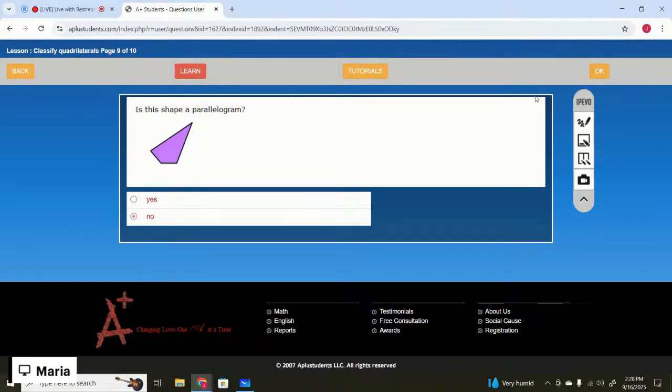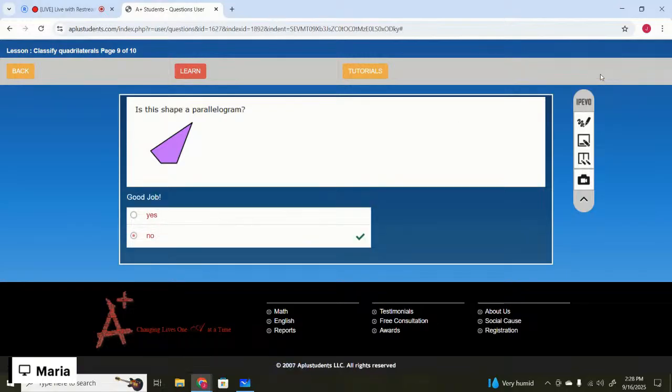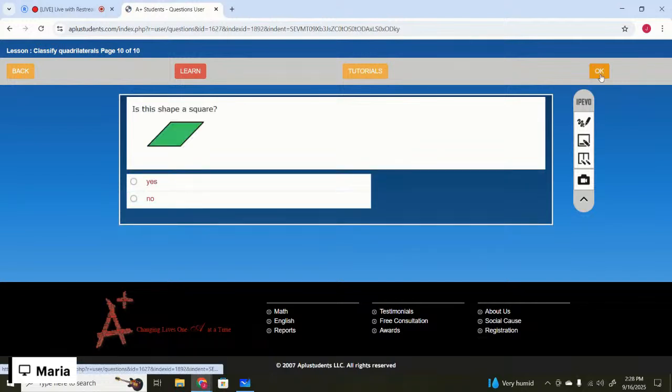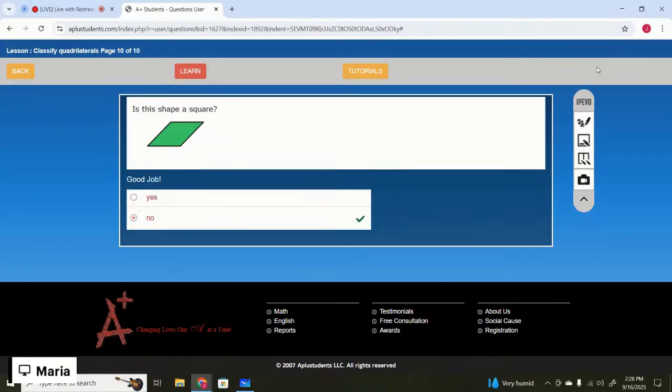No. Okay, we are done. Is this shape a square? No, that is not a square, right? Okay, we are done with the lesson. Let's just move on to the next lesson.